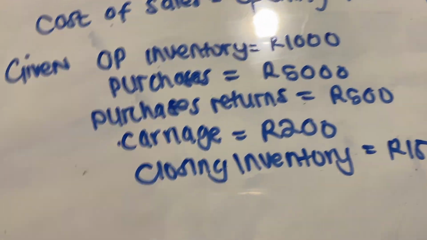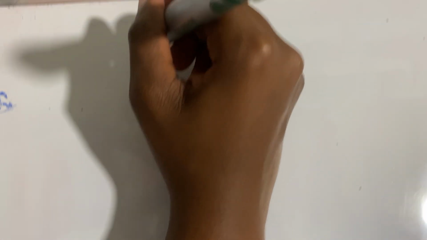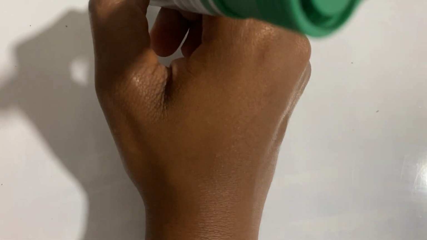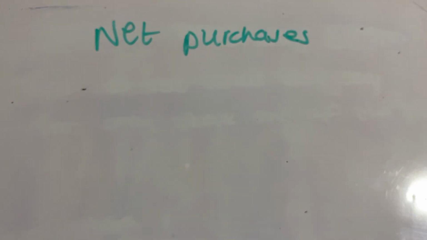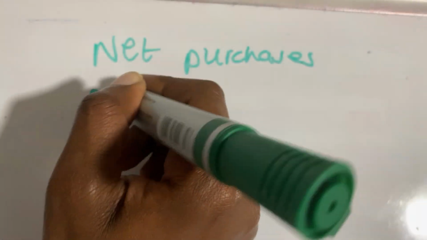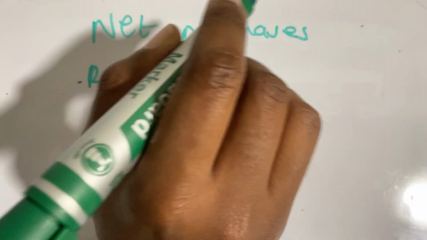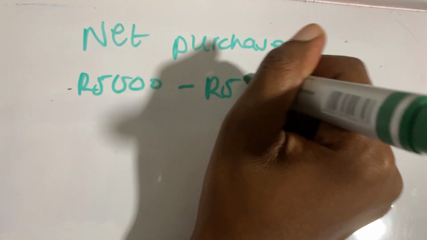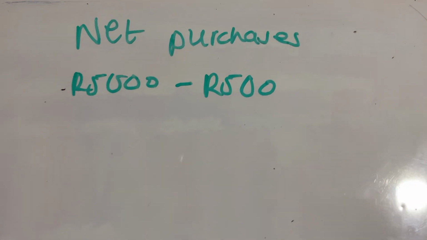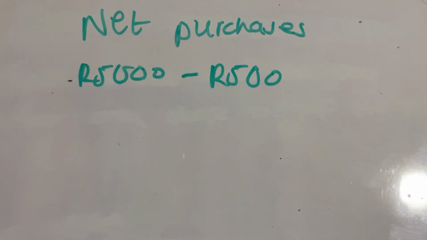What you're going to do now is start by calculating the net purchases alone. Remember, net purchases is equal to purchases, and we're given that purchases is equal to 5,000 rand. So you can say 5,000 minus the purchase returns, which the company is returning, so they're not going to be part of inventory anymore.